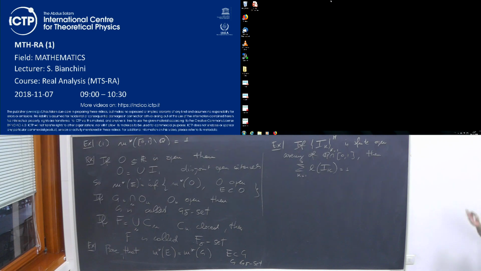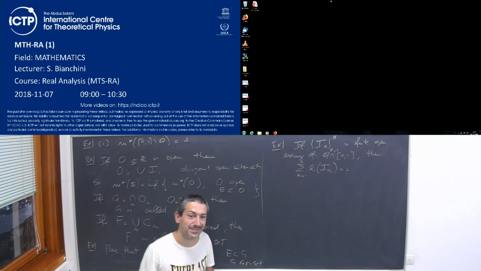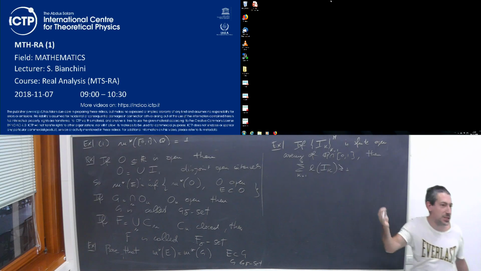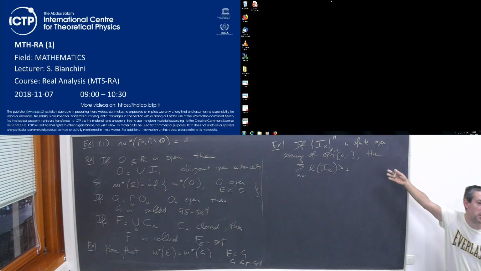The closure is just adding finitely many points, because Q is dense. One of the intervals could be outside of the interval 0, 1, so the sum is greater or equal. Yes, I want just to prove that in that case, if you want to build the infimum with finitely many, you don't get the right measure. You don't have enough resolution.